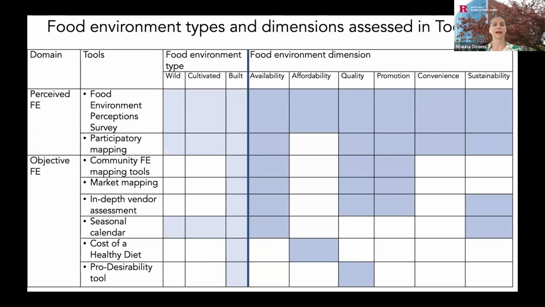So the idea is that whatever the objectives of your own research are, you can pick up the tools that will address those dimensions that are important to capture. So if it's availability and affordability, you might be using the community food environment mapping tool as an example, and the cost of a healthy diet data collection protocol.